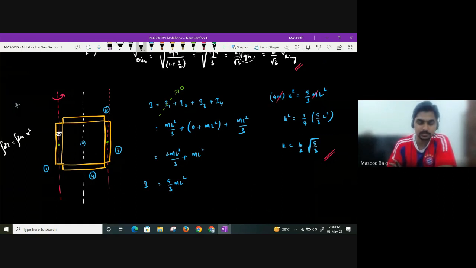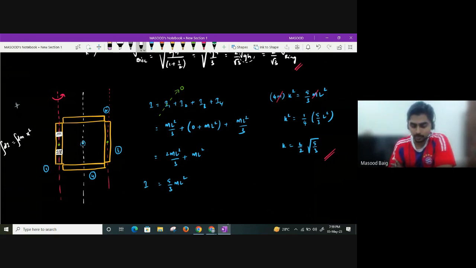What is x here? It is the distance of the elemental mass from the axis. When I take this elemental mass, is there any separation from the axis? No. So x will be 0 here. You take any elemental mass, is there any separation from the axis? No. So it will be 0 only.